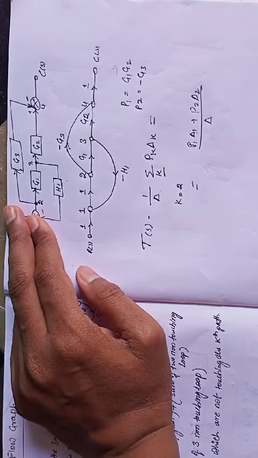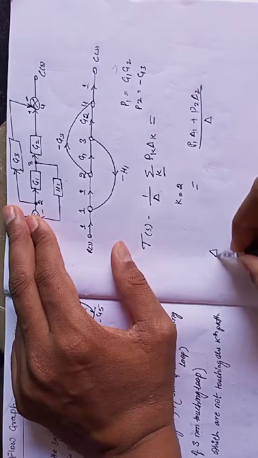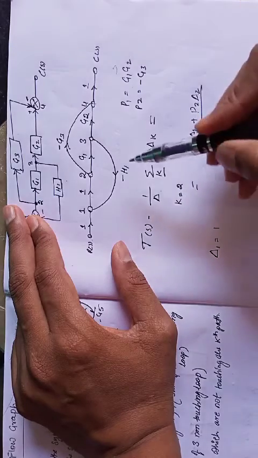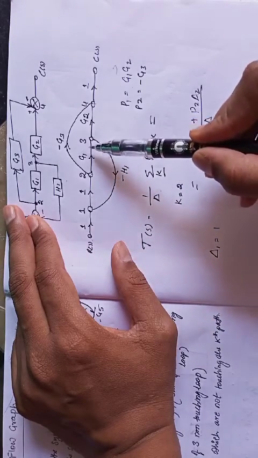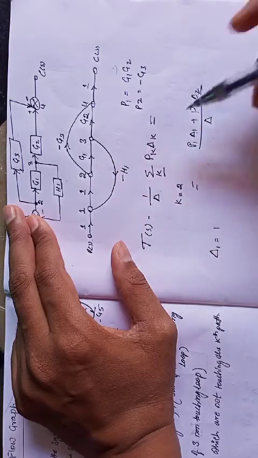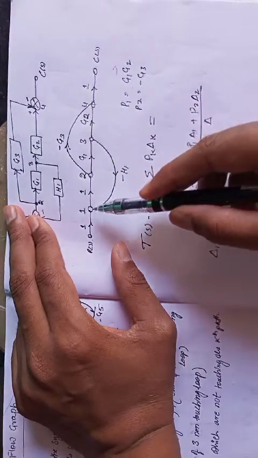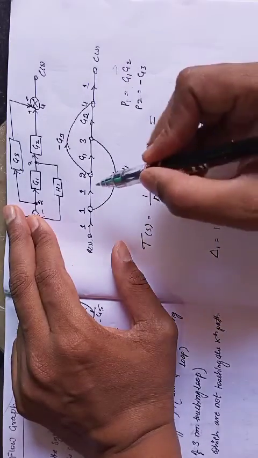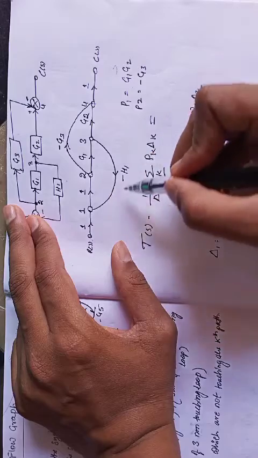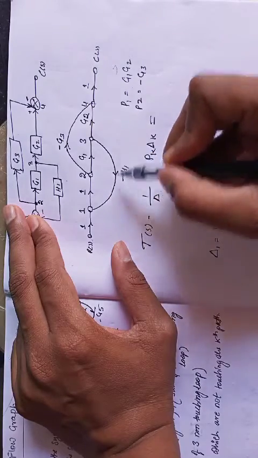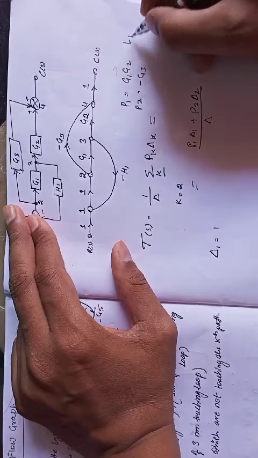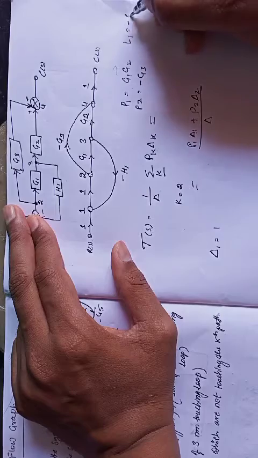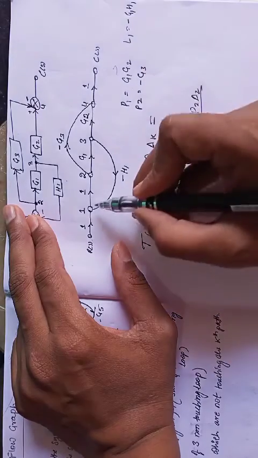Delta 1 and delta 2 are nothing but the gain which is not touching the loops, that is, delta 1 is not touching any loops. We have to check here if there is any loop. We are having only one loop, that is L1, and its gain is G1 into H1.